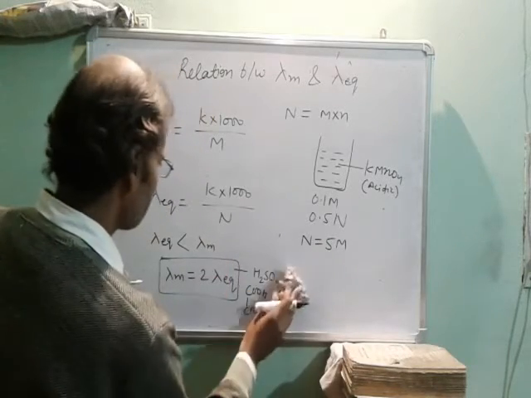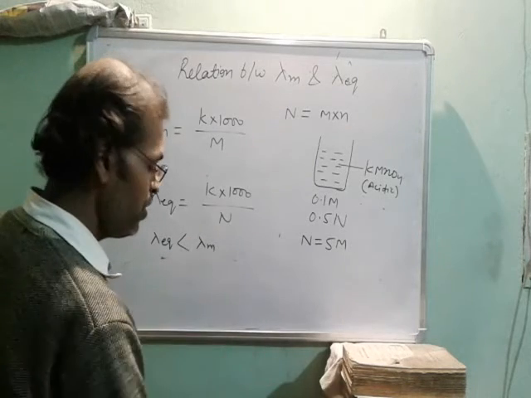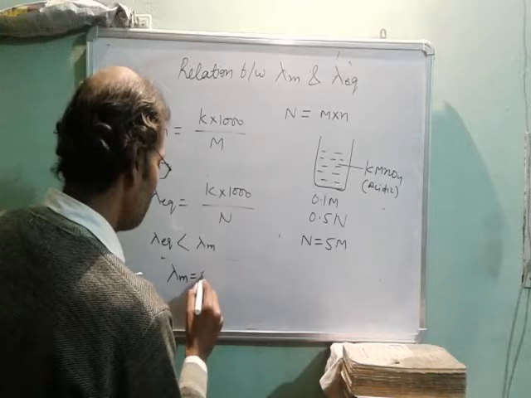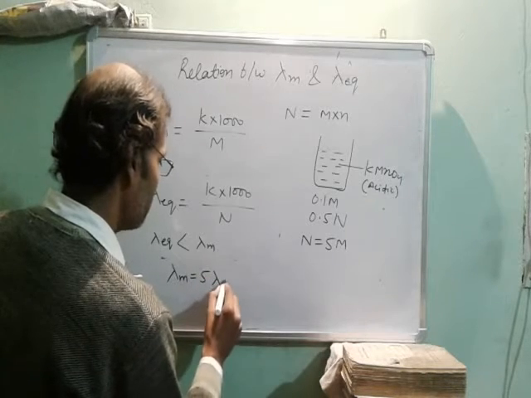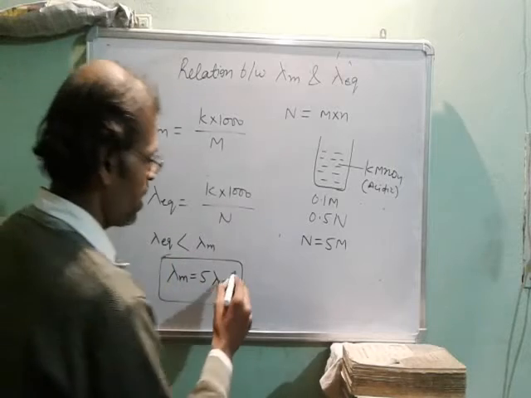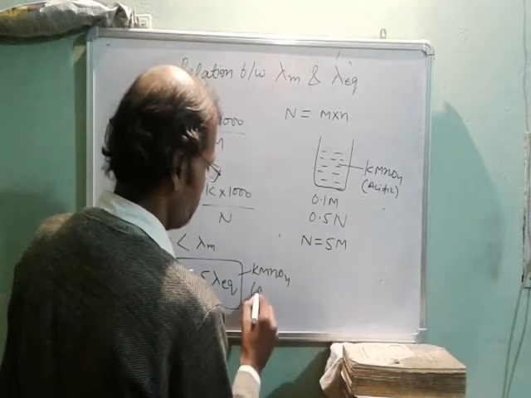So here the value of lambda m will be 5 times the value of lambda eq. This relation is for KMnO4 in acidic medium.